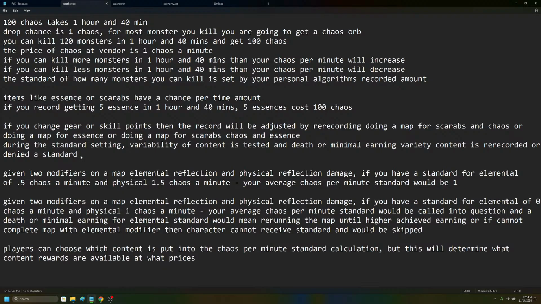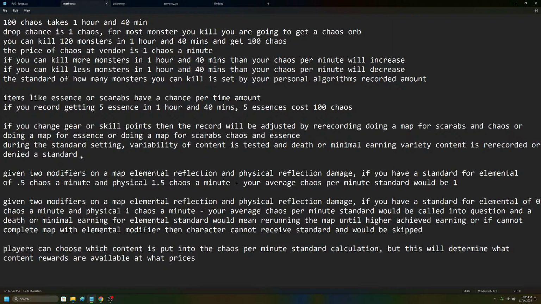because let's say the average Chaos Orb standard that you have is 1.2. So what you did is the average between how you ran Delve and how you ran maps.